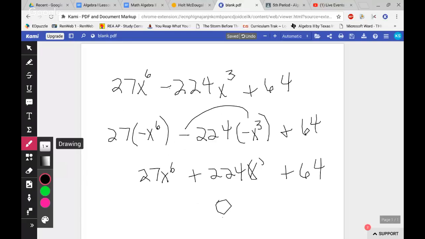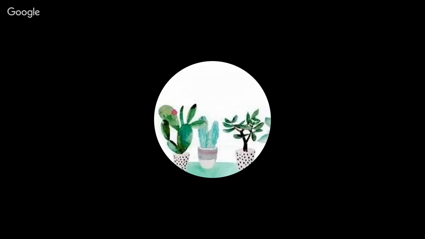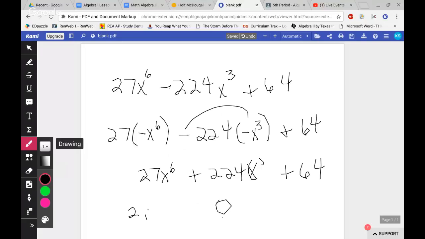So what's interesting about this, just so that you understand the full Descartes rule, remember how there was 2 positive or 2 or 0? Okay. And now there's 0 negatives. That tells me that, remember, the number of possible zeros is the same as the number of the highest degree.